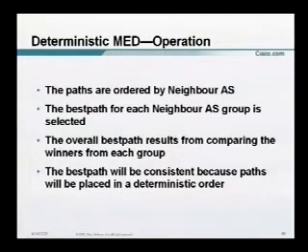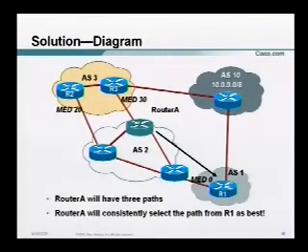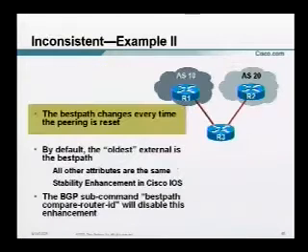But if you see this problem, this is the particular solution to it. Okay? And then, yes, just the diagram, what the solution is. And this time, with that knob applied, the AS1 path is always the one that is chosen, because they are ordered according to AS numbers. So AS1 will beat the 2 AS3 best paths.